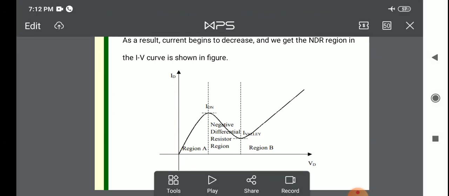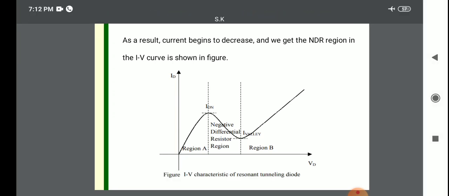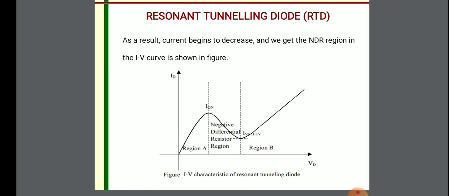Voltage increases, current decreases, so this is the negative differential resistance region. After that, again the voltage increases and the current drastically increases, that is the valley region. That point is the valley point.